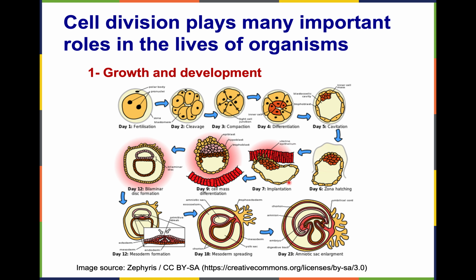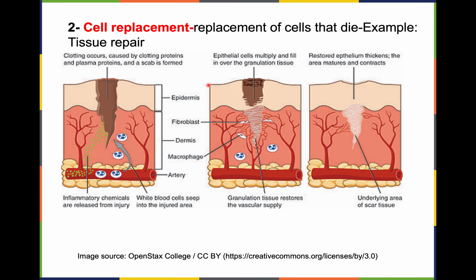Right after fertilization and the events that happen within that one cell, then there is a burst of cell division where this one cell multiplies into multiple cells and creates this multicellular entity, after which then there is development and folding and so on and so forth. So cell division plays an important role in development of an embryo that starts with a sperm fertilizing an egg.